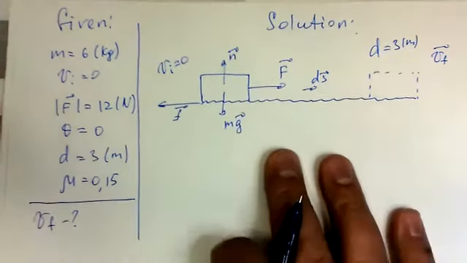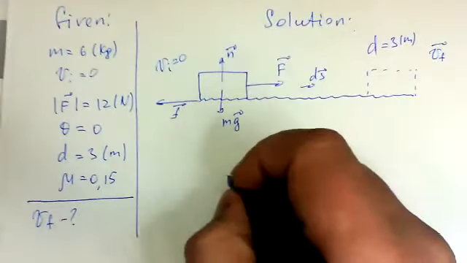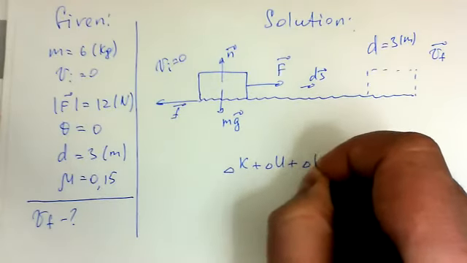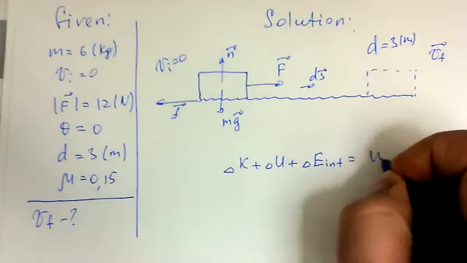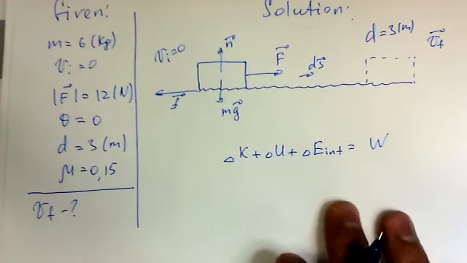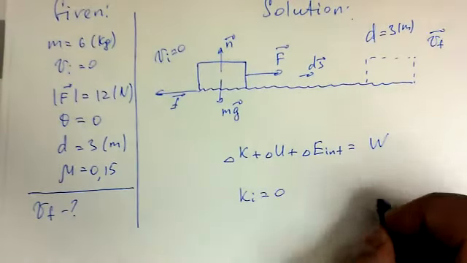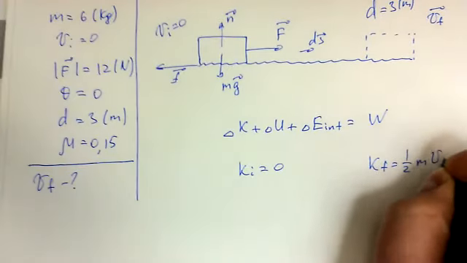Okay, now let's analyze again this problem with respect to energy, and let's recall the energy conservation principle, like it was in the previous part. It is equal to the work done by the external force. So again, K initial is 0, K final is 1/2 m v final squared.